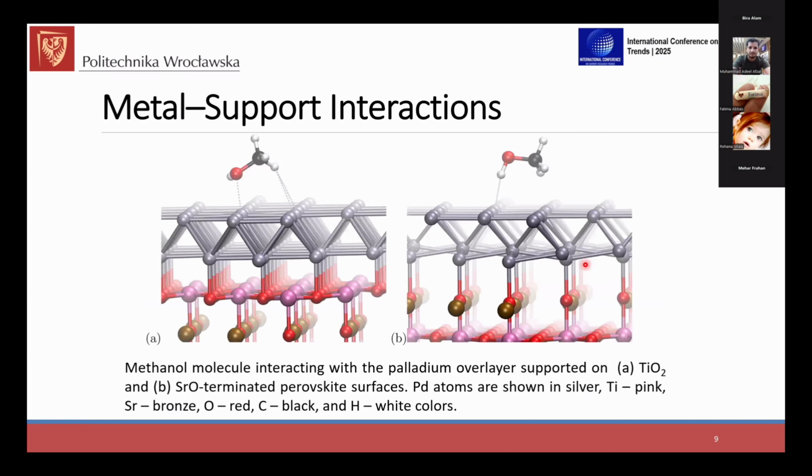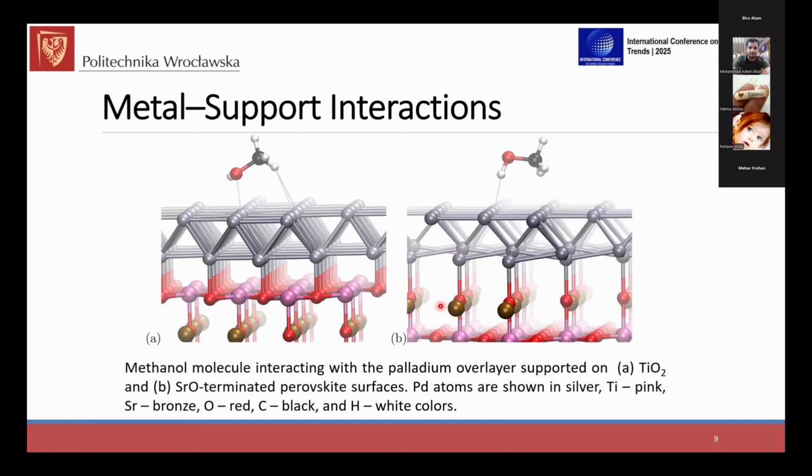And to further study the metal-support interaction in both systems, first of all, if we discuss the SrO system, you can see here these are the oxygen atoms. The oxygen atoms make strong bonding with the palladium atoms, pulling some palladium atoms towards them, and create chemically non-equivalent Pd sites.